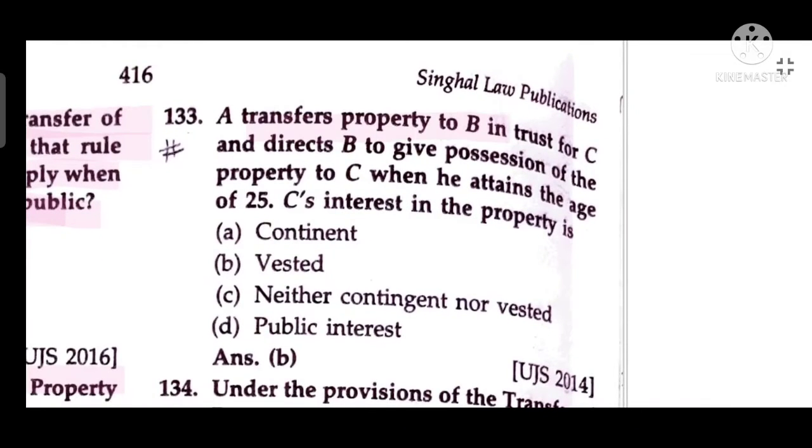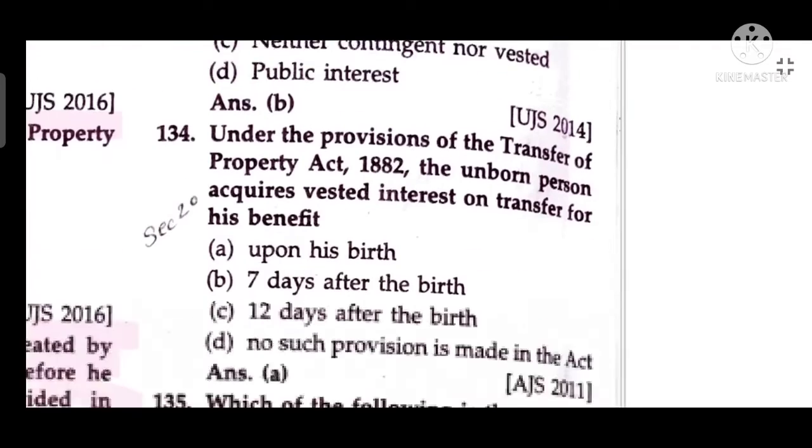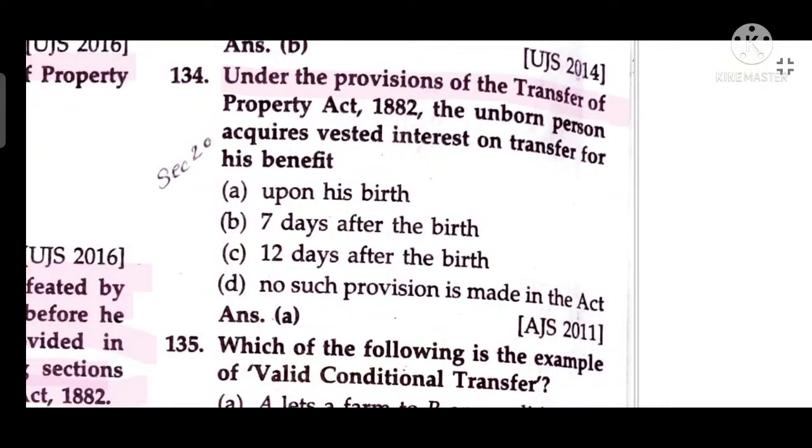A transfers property to B in trust for C and directs B to give possession of the property to C when he attains the age of 25. C's interest in the following is vested. Under the provision of Transfer of Property Act 1882, the unborn person acquires vested interest on transfer of his benefit upon his birth.